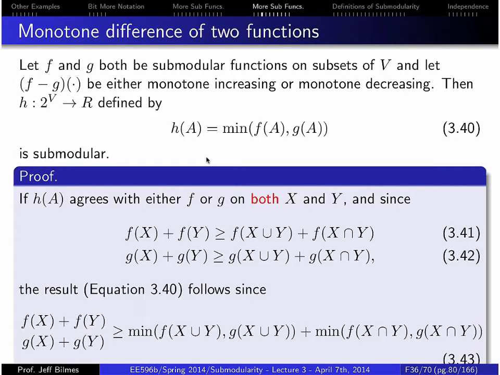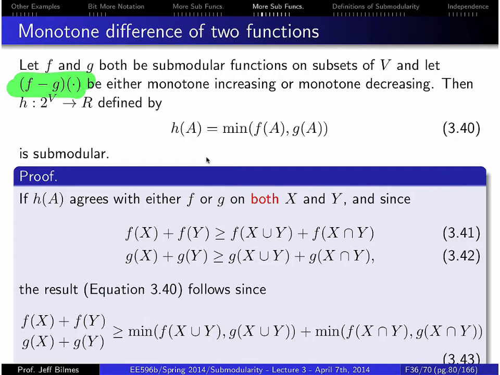It is true if the two functions have a relationship with respect to each other, namely that we've got two submodular functions, and their difference, f minus g, is either monotonically increasing or monotonically decreasing. That basically means that as we add more items to the set, those values either have to non-increase or non-decrease.